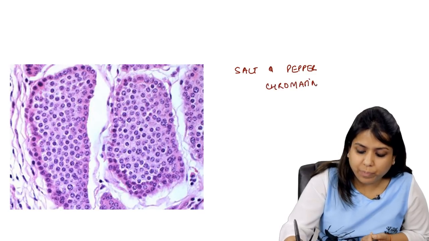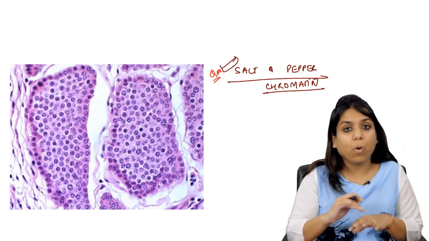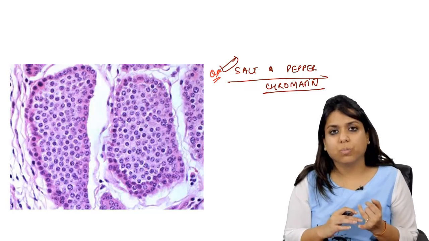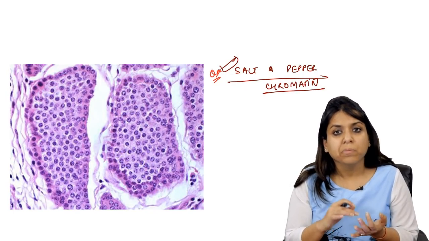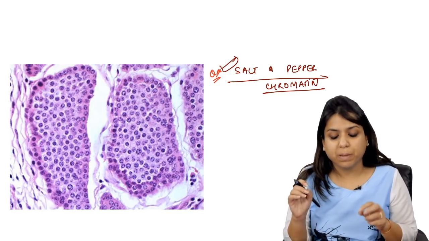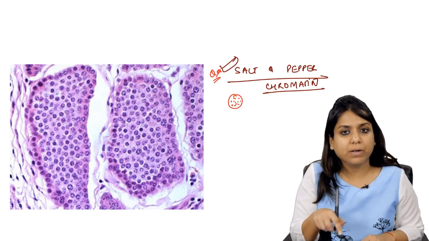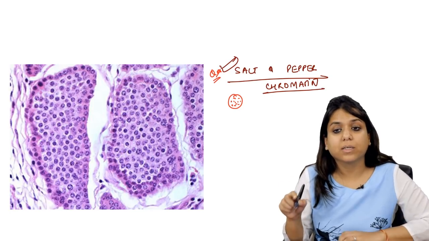Extremely important: all the neuroendocrine tumors in the body, carcinoid tumor, medullary carcinoma of thyroid, pheochromocytoma, all of them have salt and pepper chromatin. Suppose you mix salt and pepper, it looks like this. So you can appreciate such a chromatin here. Remember, that is carcinoid tumor.